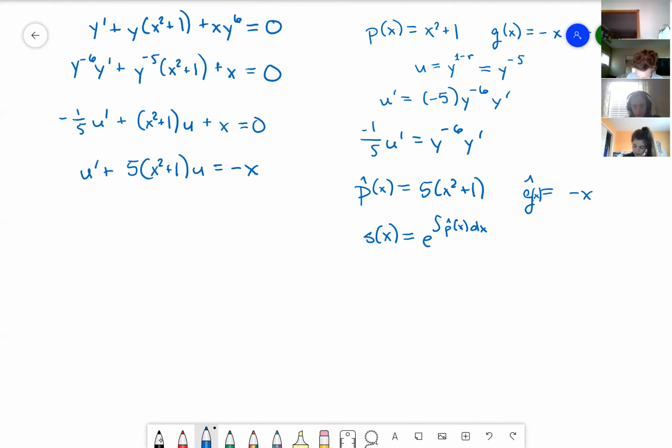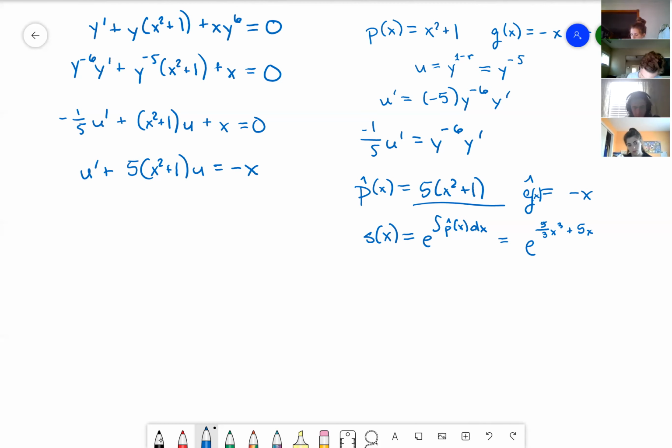And so what will that be? So this will be e to the 5/3 x cubed plus 5x. Yep. The integral of this thing, e to the integral of that thing.